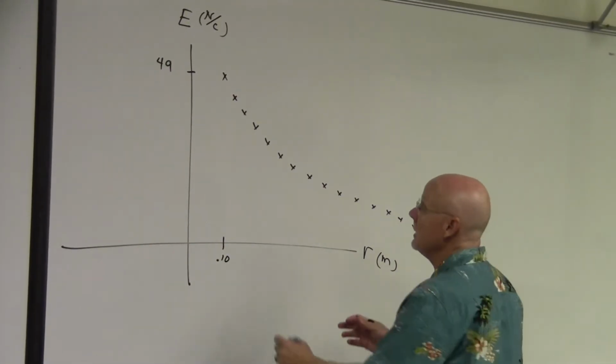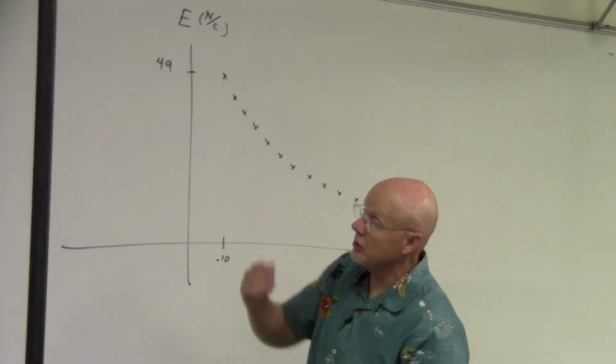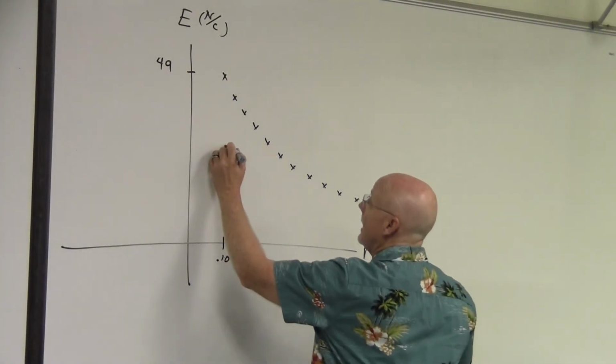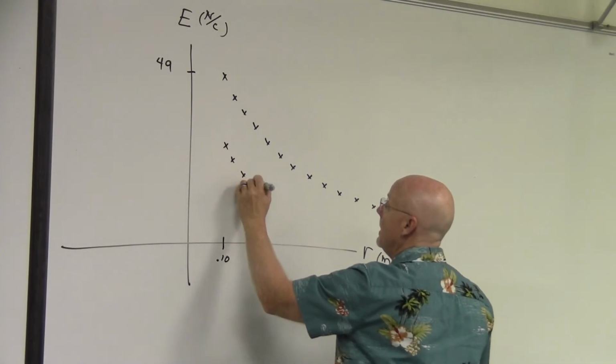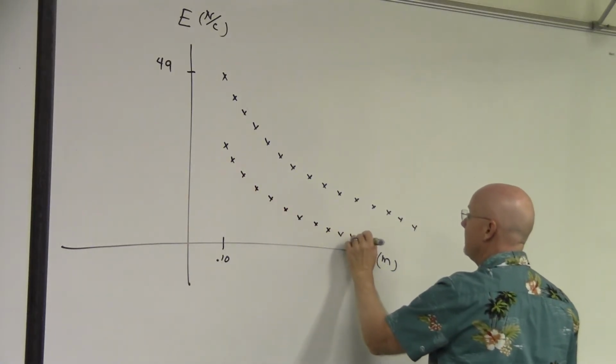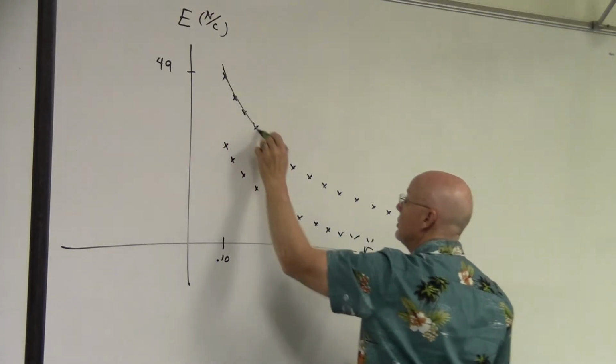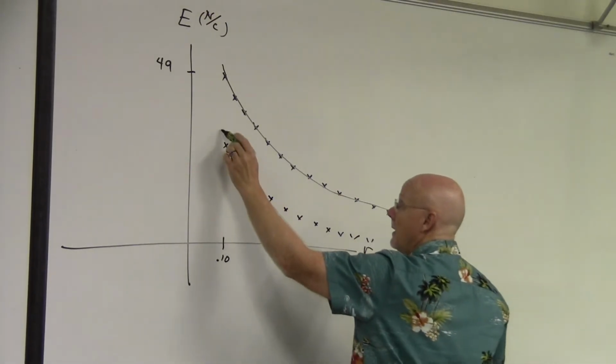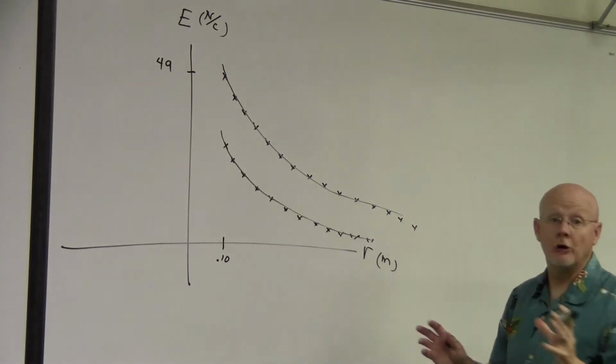Also plot the second experiment we did, which as you can see started at 32, and so hopefully your data will look something like that until you can kind of just do a connect the dots here.